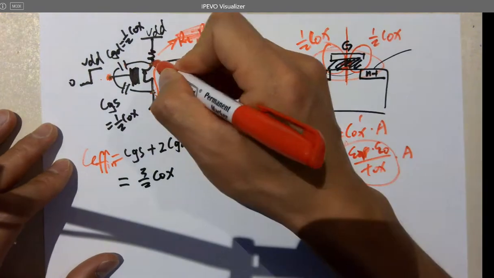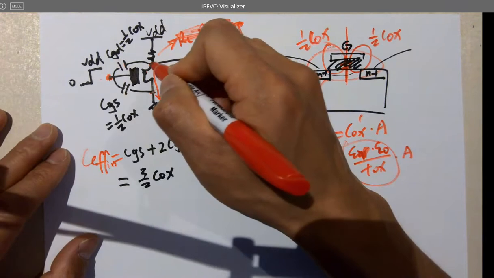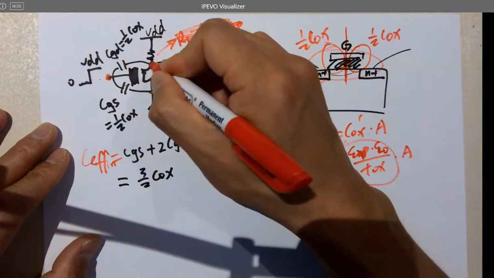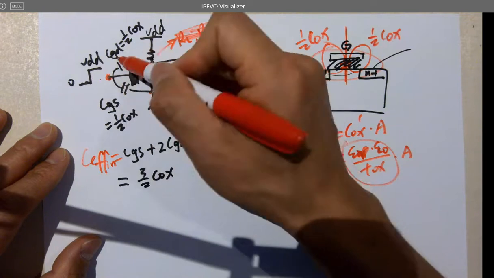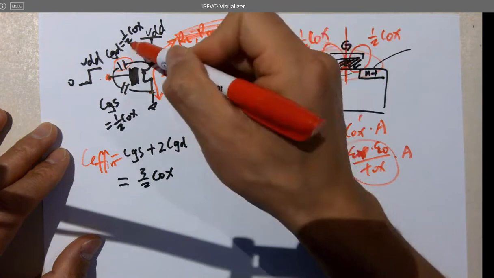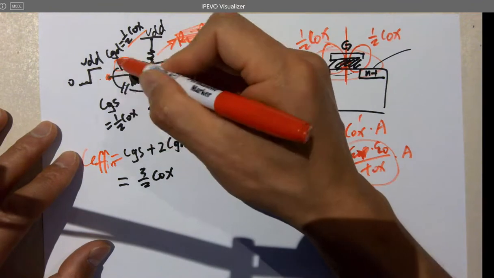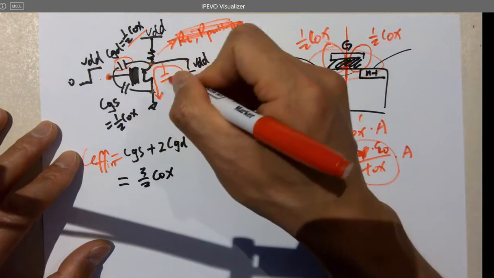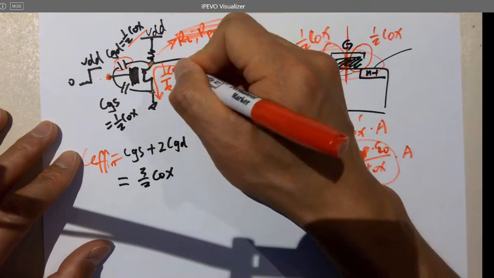Same for the output. When you are looking at the output pin here, if you model the capacitance over here, you split that one. Now it's not one anymore. You split that half Cox into two Coxes. The other one is at the output, because this is shorted to this pin, so actually the output has a Cox as well.